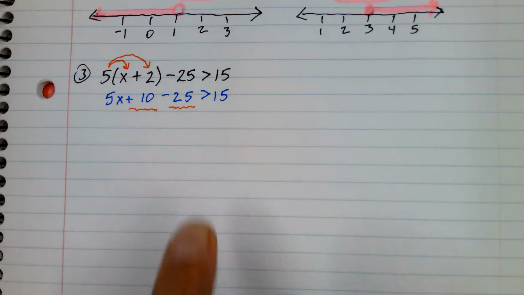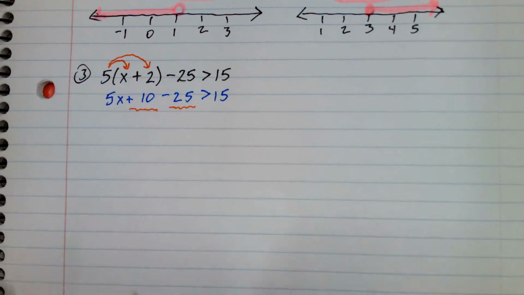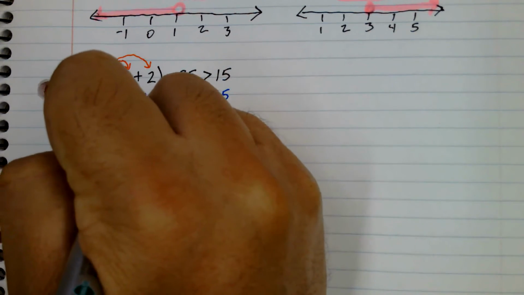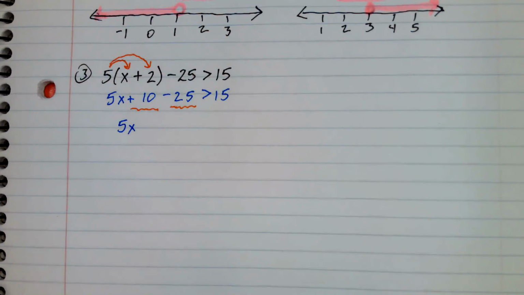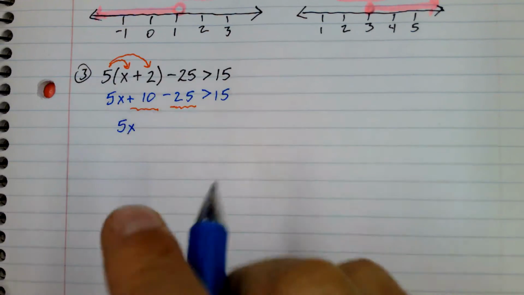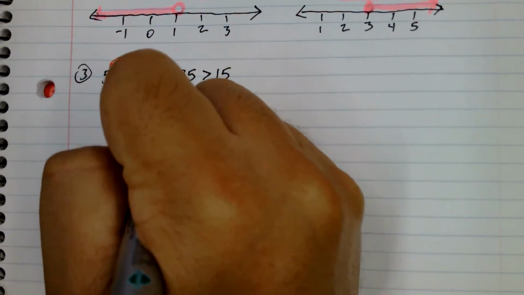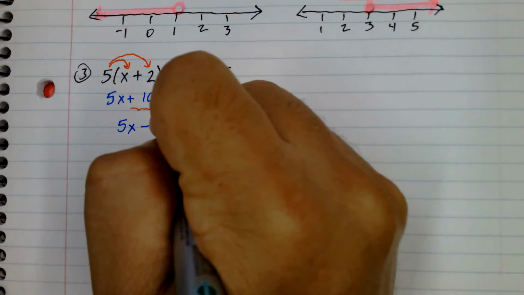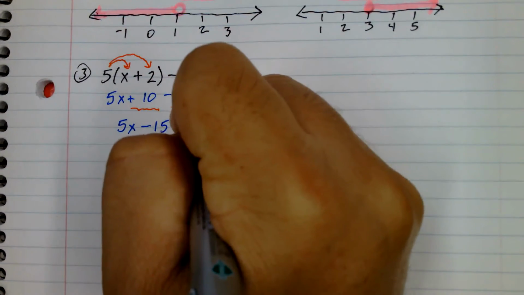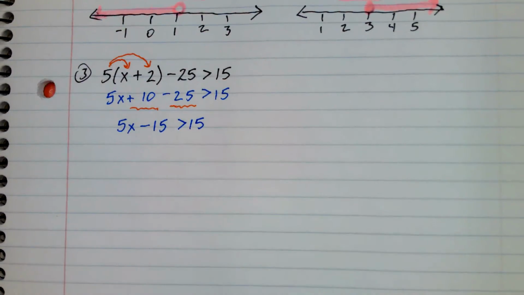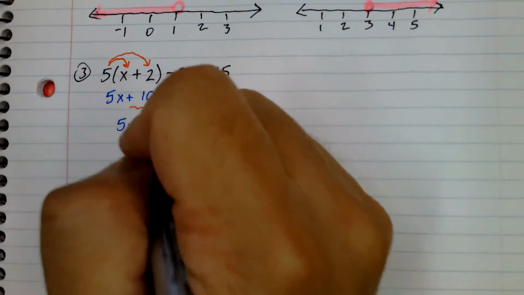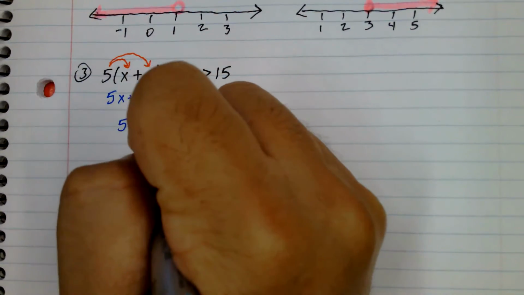If I simplify this step, okay, yeah, thank you. 5x, nothing happened there. 10 and negative 25 is negative 15, so minus 15 is greater than 15. Okay, so now we want to get rid of this minus 15 by adding 15.